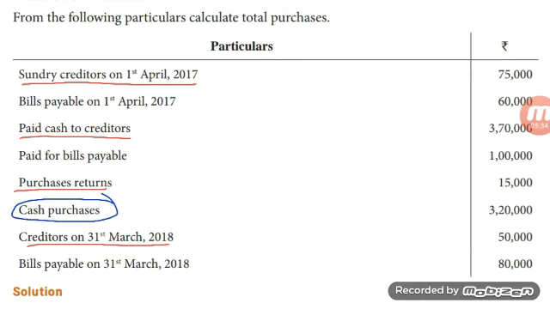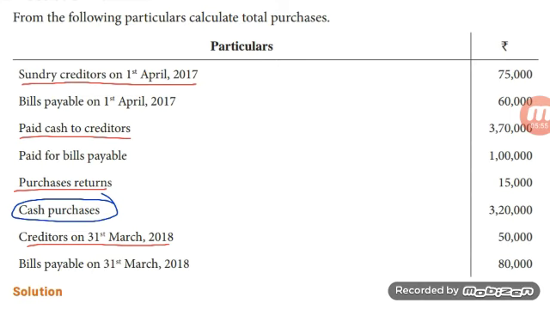Then enter all other items on the opposite side. The debit side items are to cash paid to creditors 3,70,000, to purchases returned 15,000. Then closing balance is given here, children.